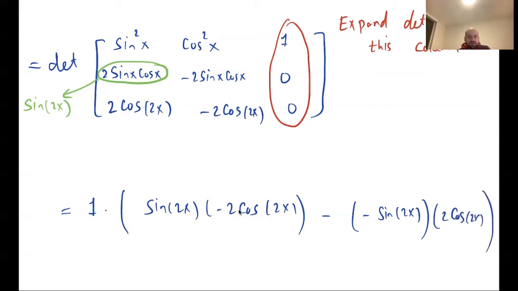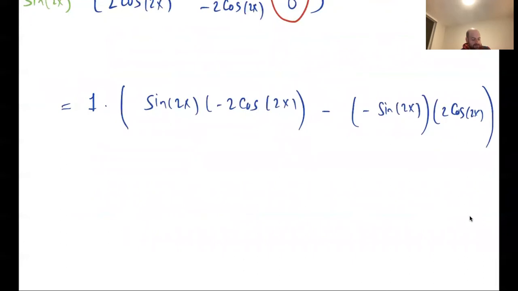And so this is minus 2 sine 2x cos 2x. This is plus 2 sine 2x cos 2x. They cancel out, and then the answer will be 0 for every value of x. Because no matter what x is, this term will cancel out with this term, and the result will be 0.